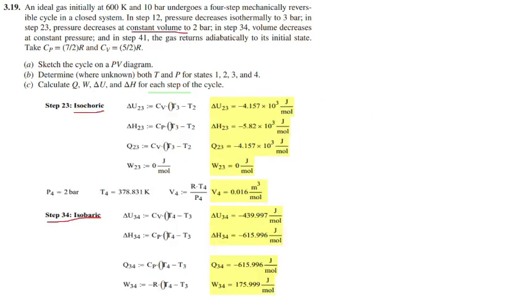Now the next step is isochoric process. So for isochoric process, delta U is equal to Cv times T3 minus T2. Cv is 5 by 2 into R, R is 8.314. Just put the values.